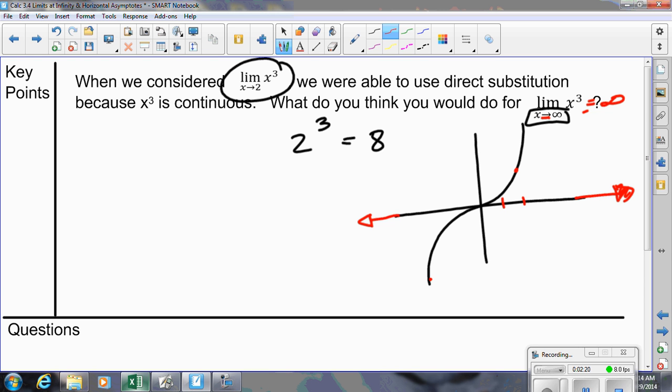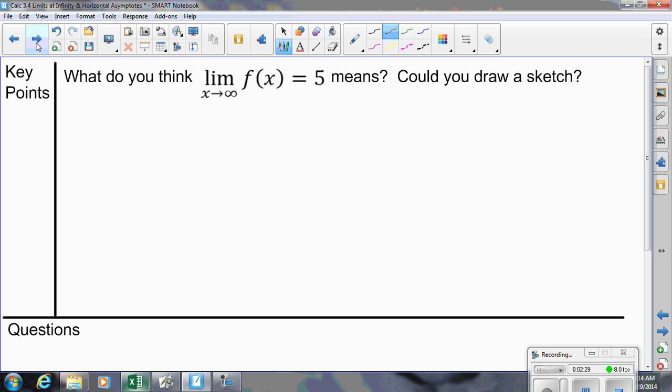Well, we know that not all graphs go up to infinity or down to infinity. When would you be able to recognize if they tend to level off? So this part, limit as x approaches infinity, f of x equals 5.